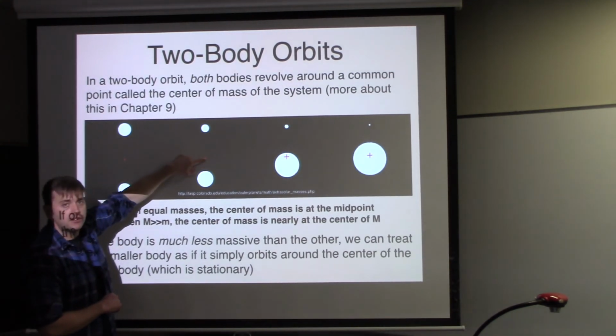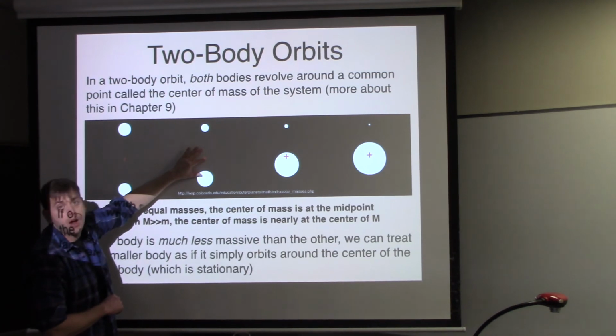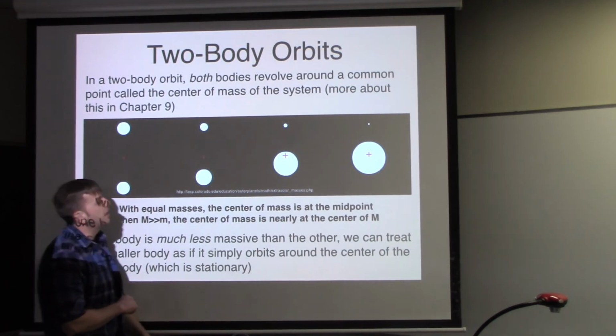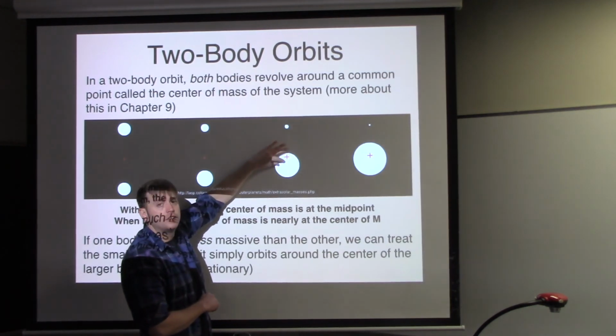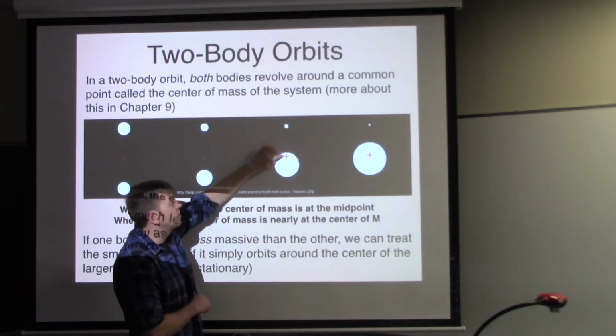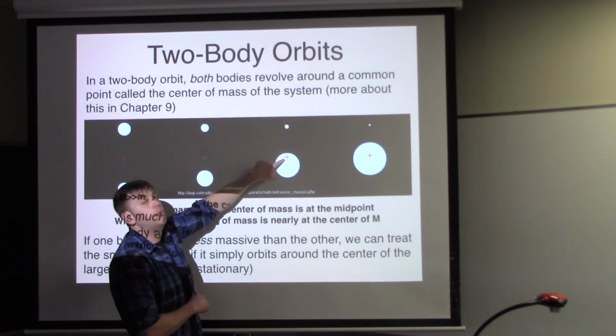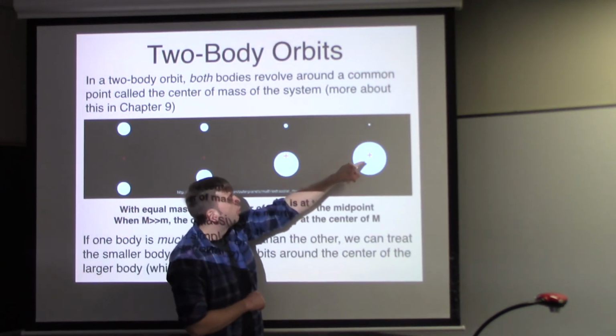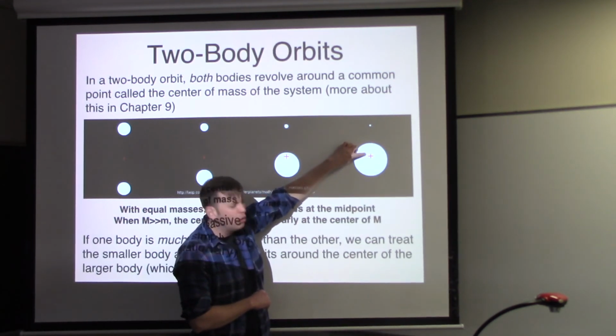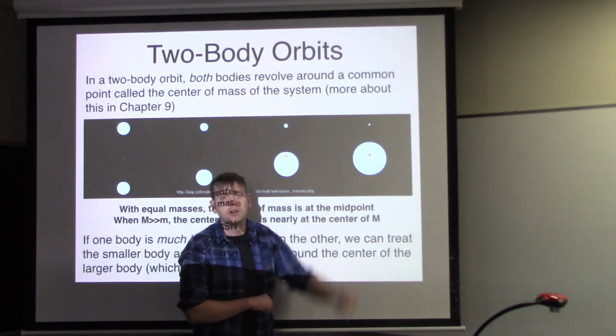So the center of mass is going to be closer to the bigger object. Okay? And then again, as we move over here, this is even bigger now. So the center of mass gets even closer to the big object. Now it's actually inside of the big object. And then again, just ramp up the difference between mass even more. Now the center of mass is almost right in the center of the bigger object.